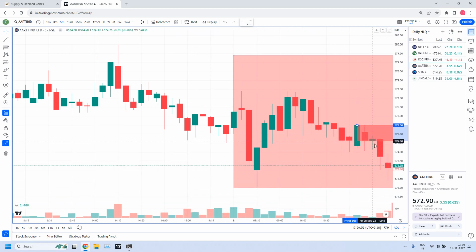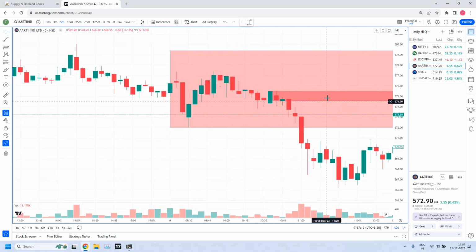And for type 2 entry, we can draw a zone like this. We can fine tune. See, we have a rally candle, two base candles, and then a drop candle. And everything came inside the 15-minute zone. This 5-minute zone is inside the 15-minute zone. That is the way we have fine tuned. That means this is the best zone to take a trade.